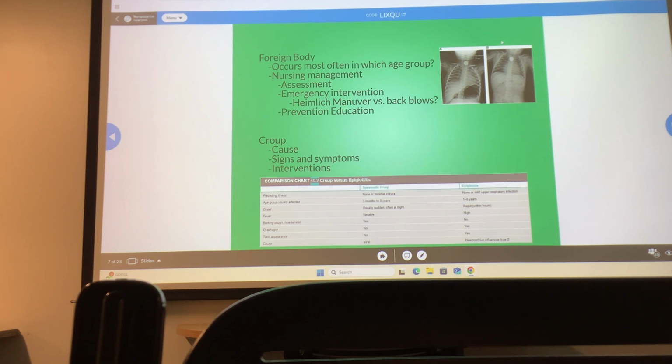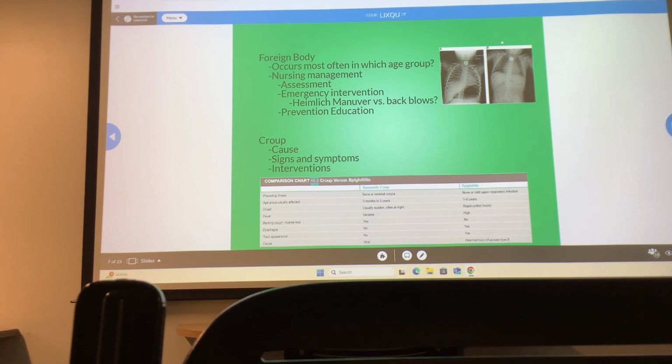Okay. So for your nursing management, what does your assessment look like? What do you want to do first if you suspect that they have a foreign body? Do we want to check their airway? If you can see it, right?